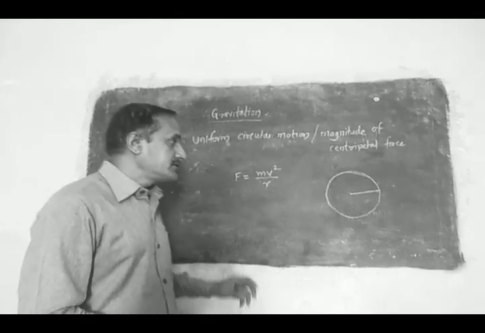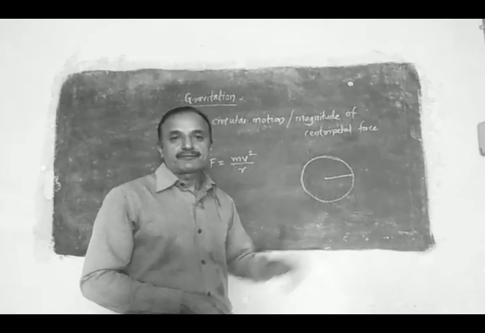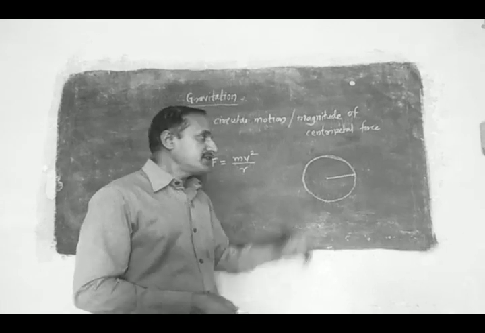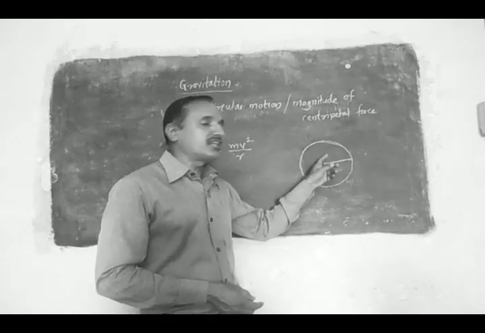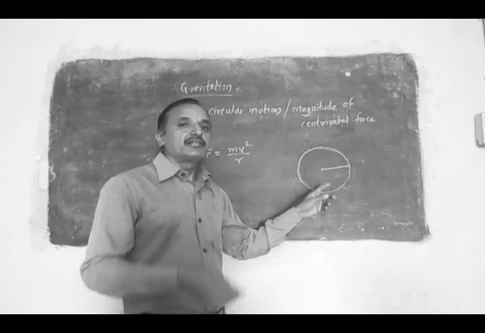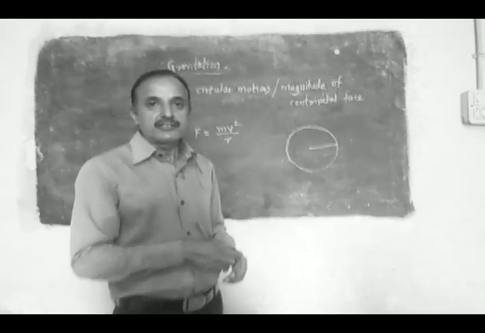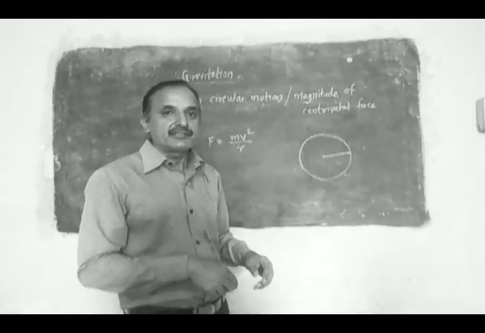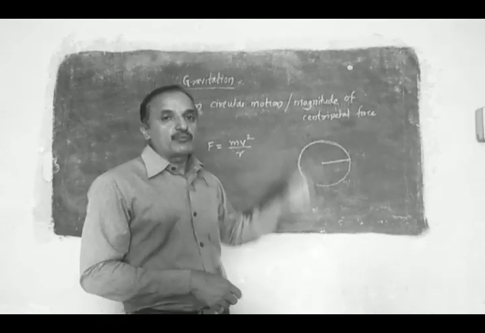Now suppose a planet is revolving around the sun. The motion of the planets around the sun, or the motion of a satellite around the Earth, is what we call uniform circular motion.